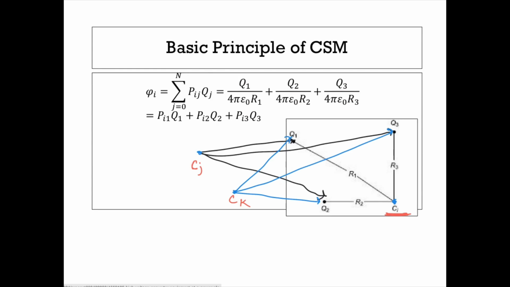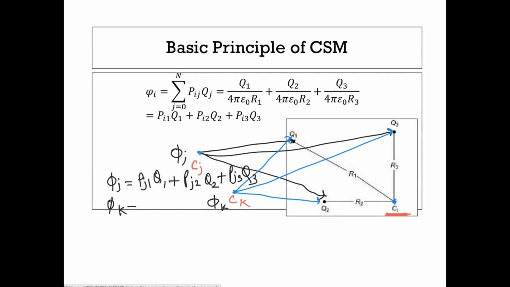We can have 2 more equations for point Cj and Ck, and if we assume that the potential at point Cj is phi j, and the potential at point Ck is phi k, then these equations can be written as p j1 q1 plus p j2 q2 plus p j3 q3.